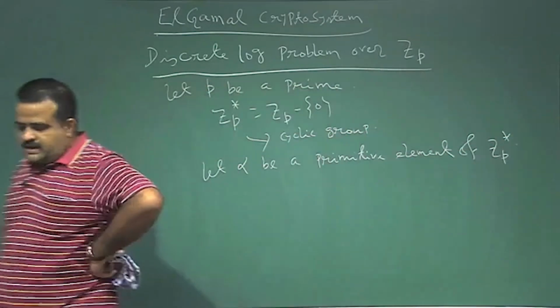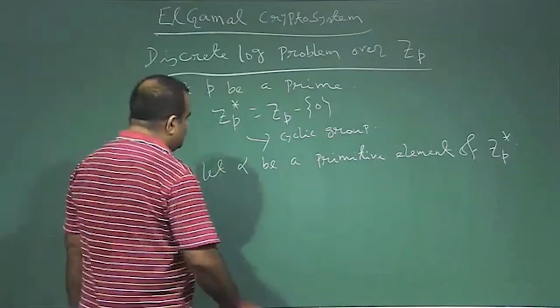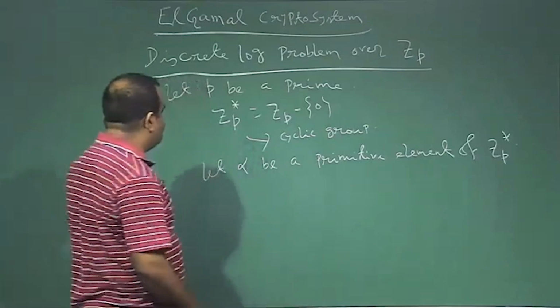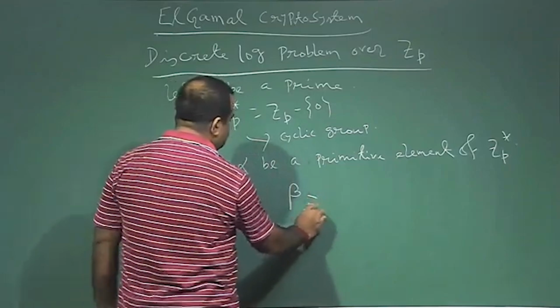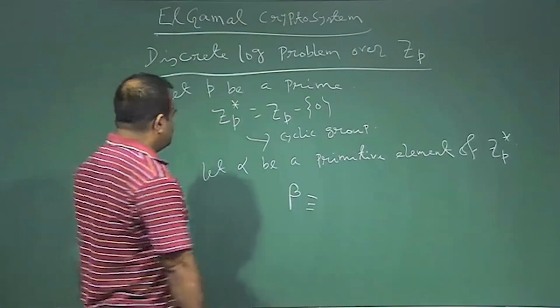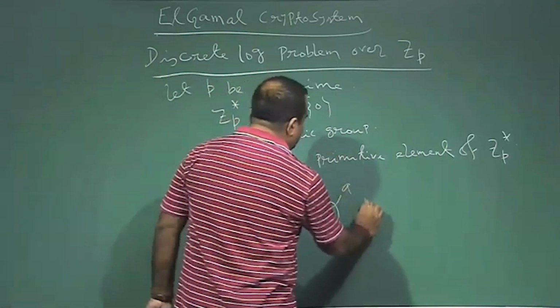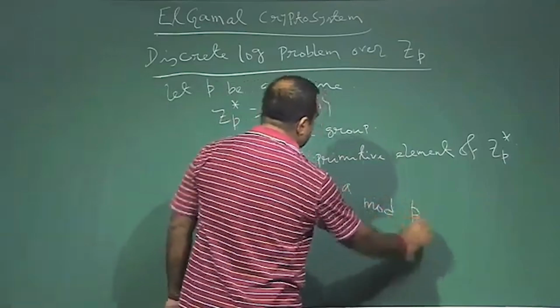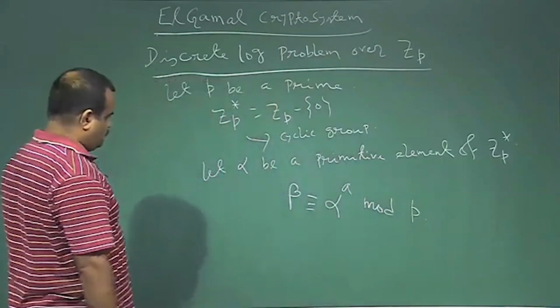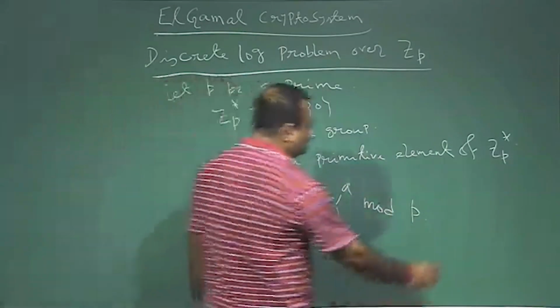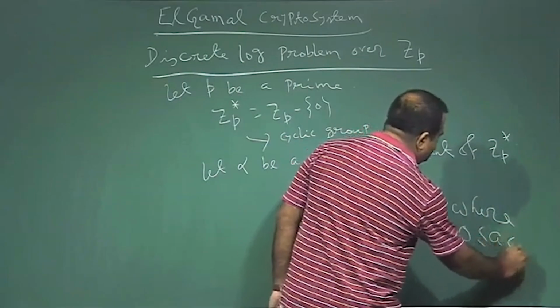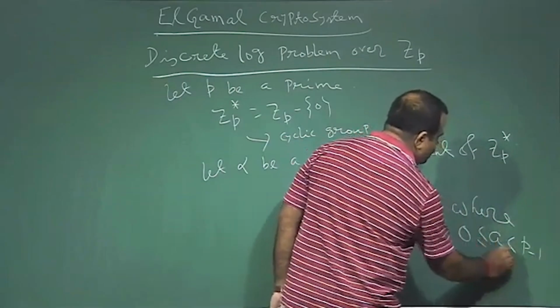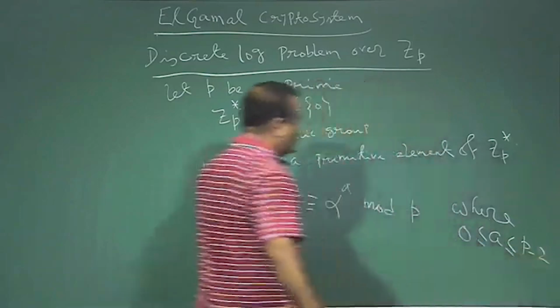Then, given this, we compute beta, which is alpha to the power a mod p, where a is between 0 and p minus 2.